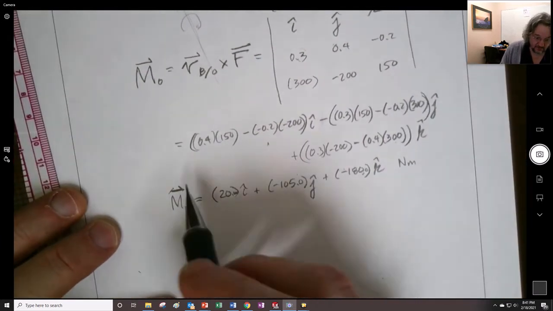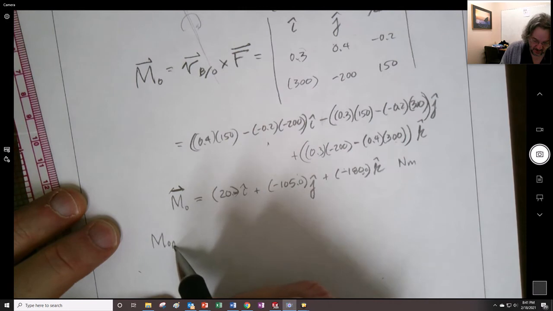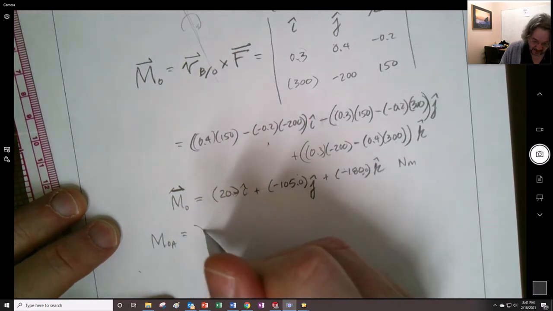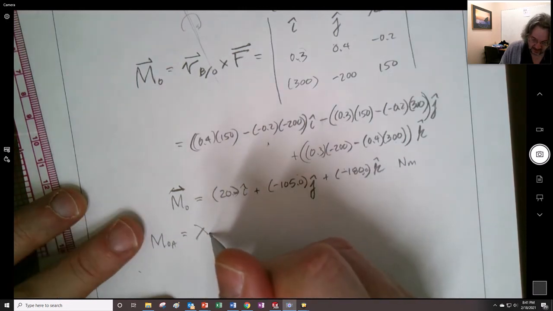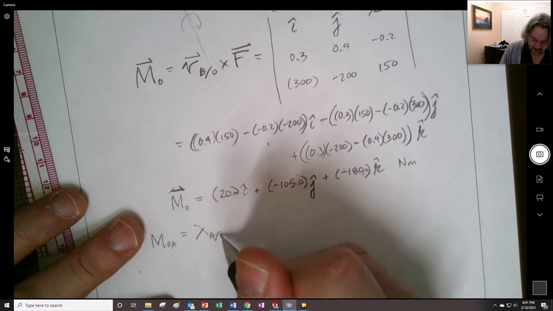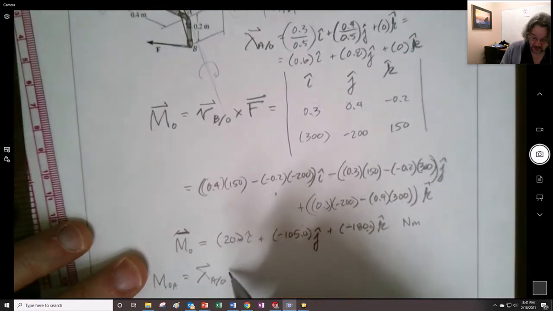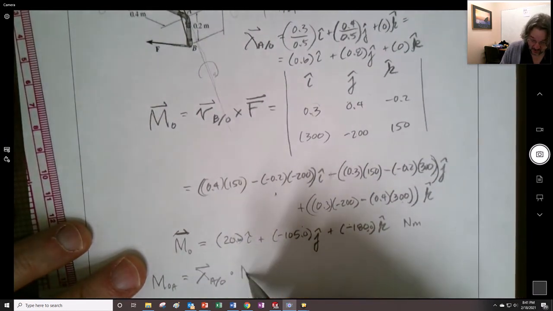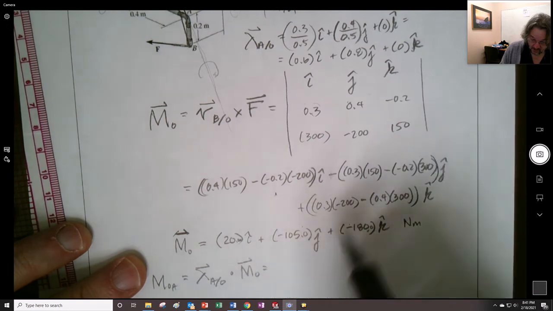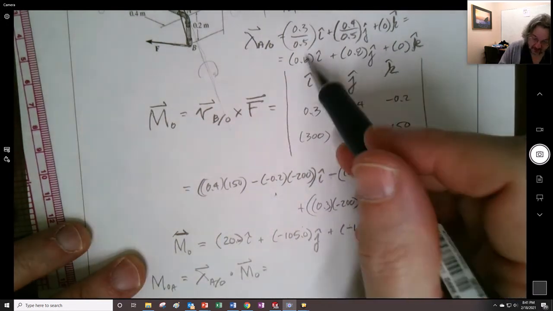So if we want to find MOA, we take our A with respect to O and dot that with our MO. Each of these is going to be multiplied.